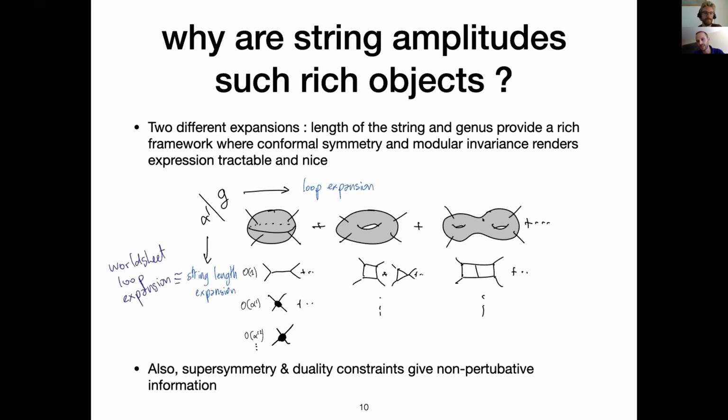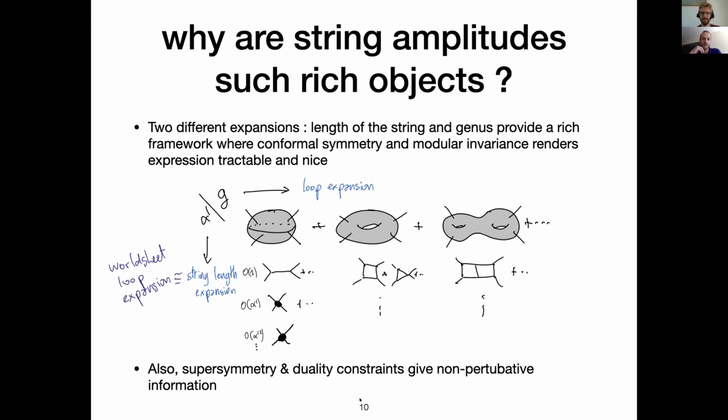One of them is the loop expansion, like in field theory, and the other is this alpha prime expansion, which is also in some sense another loop expansion, but on the worldsheet, as if you have a quantum field theory on the surface. So you have two loop expansions that are intertwined by the fact that you have conformal symmetry and modular invariance on the surface. That creates very tractable expressions that are nice and have lots of symmetries.